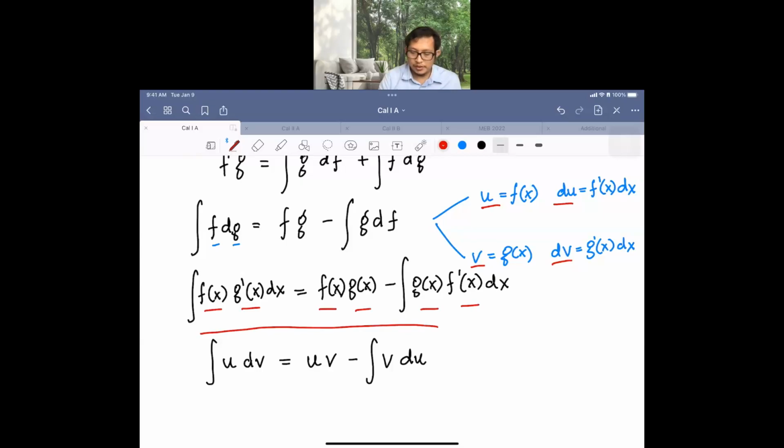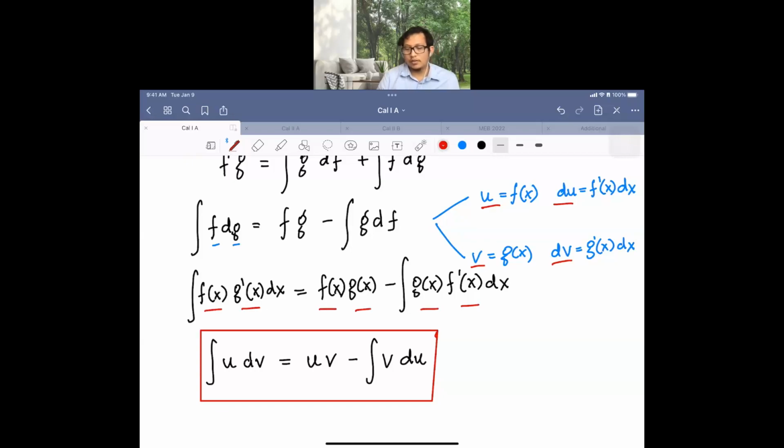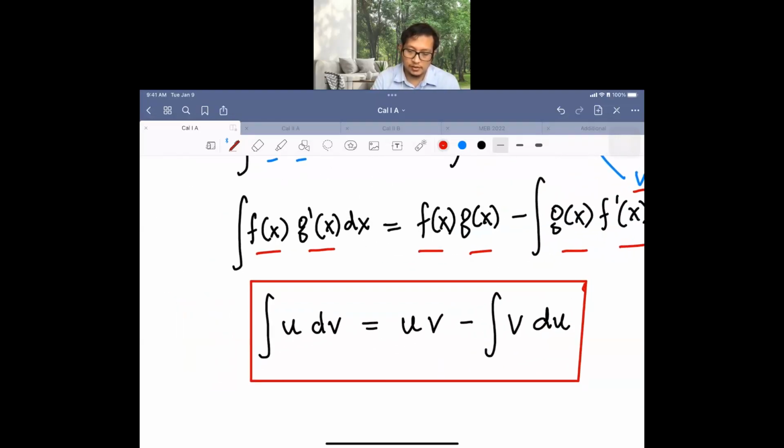Now what we are doing here is a simple technique. If you have some integration and you're not sure that you can integrate it, but you are sure that the function inside you can make into at least two functions, then you can arrange those functions and let one part be u and another part be dv. Hence the name integration by parts. You take some parts of it and arrange the order.